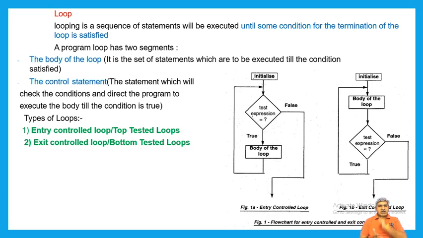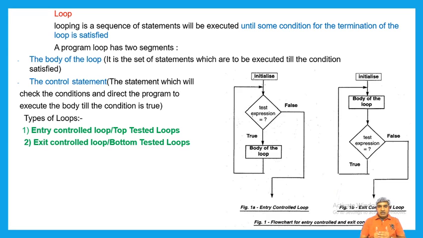In the flowchart, the first one is an entry control loop, or top tested loop. In a top tested loop, first the condition, or test expression, is checked. If the condition is false, then the execution of the program goes out of the loop.